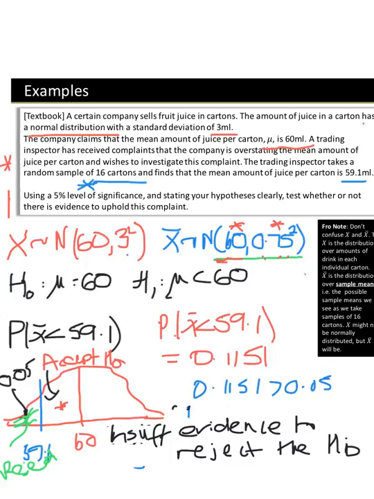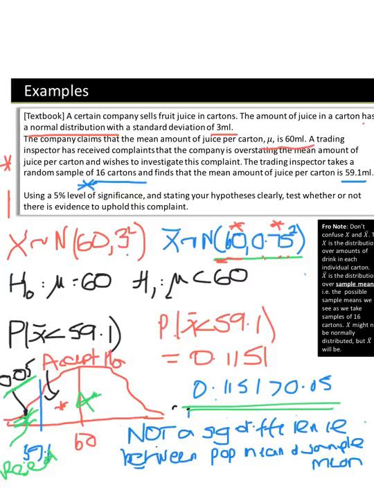So because the probability that the sample mean is less than 59.1 is 0.1151, which is greater than our 0.05, testing at the 5% level of significance, and it falls in this area here, therefore we can say there is insufficient evidence to reject the null hypothesis.